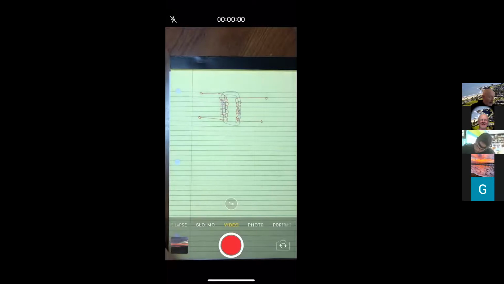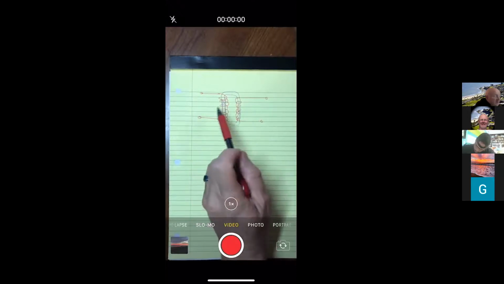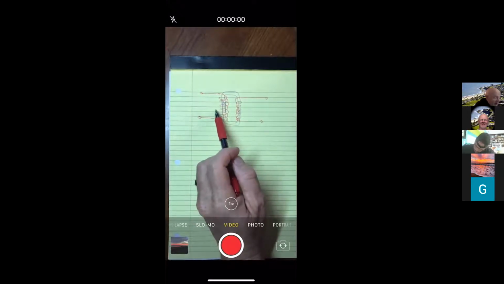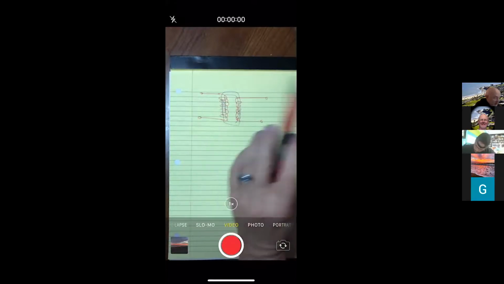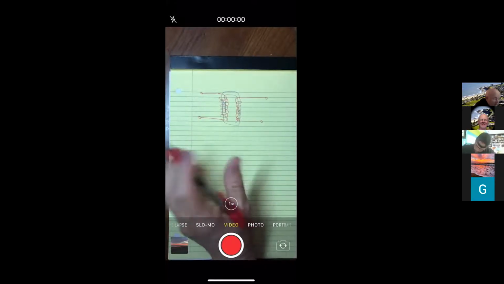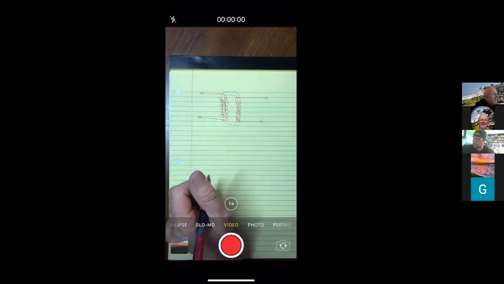But what I would say then is there is no set one side is the primary and the other side is the secondary. There's none of that. When you pick it up, you can make either side a primary or either side a secondary.